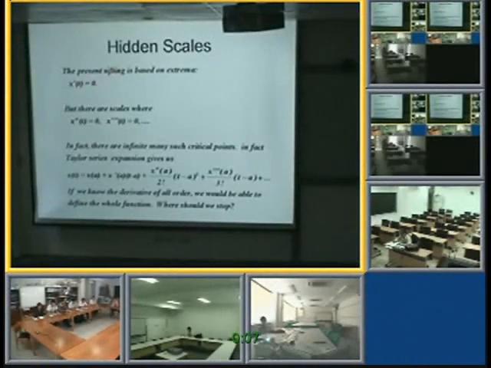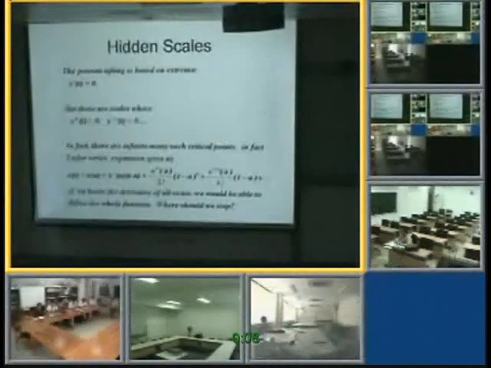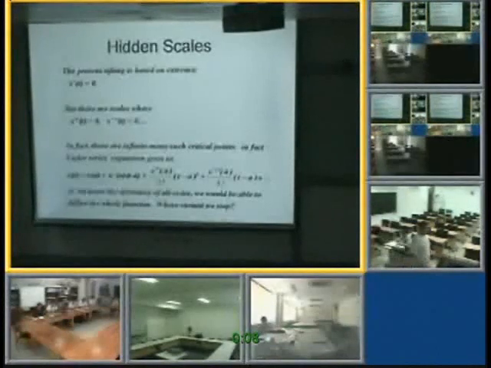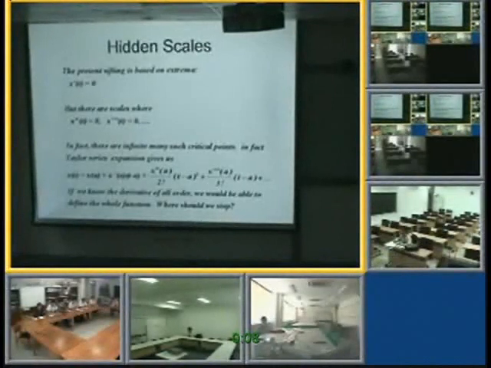extrema, that's x prime equal to 0, then it will call for the fourth moment of the spectrum. Fourth moment means the frequency spectrum times the frequency to the fourth power, and that is proportional to the number of extrema.